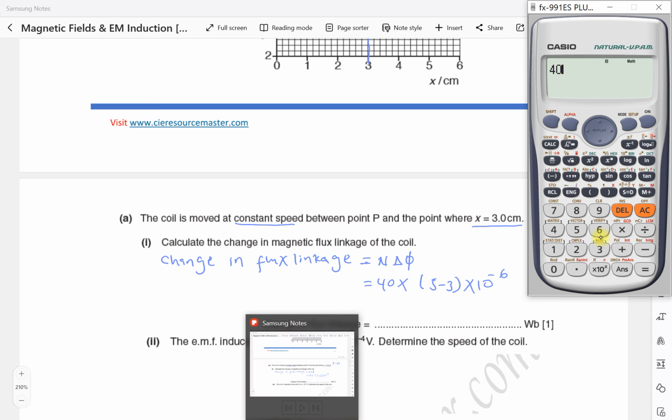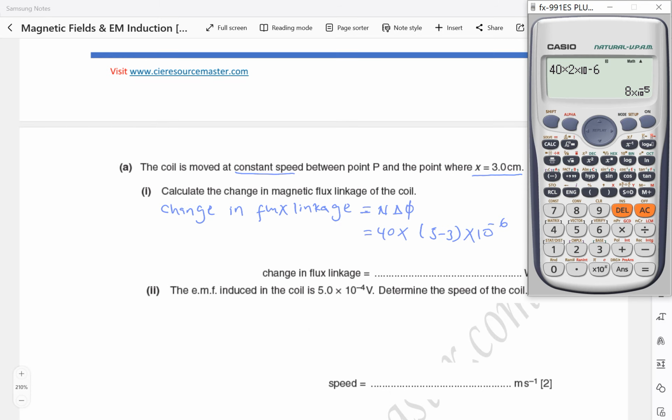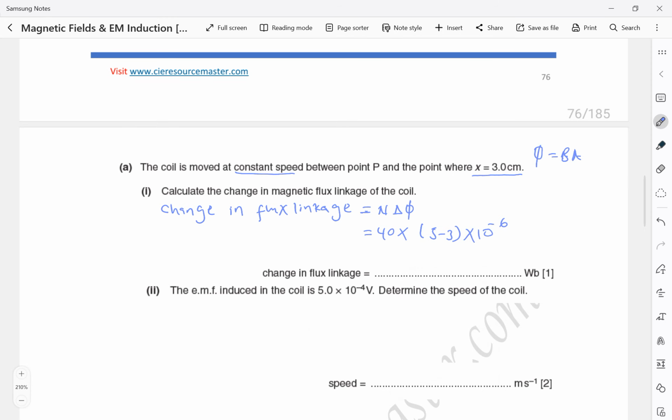So this is 40 times 2 exponent minus 6, giving us 8.0 times 10 to the power of minus 5 Weber. The EMF induced in the coil is 5.0 times 10 to the power minus 4 volts.